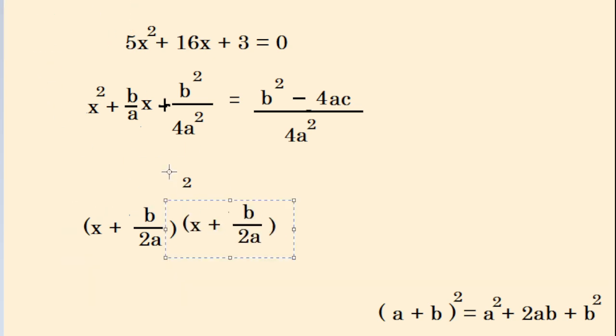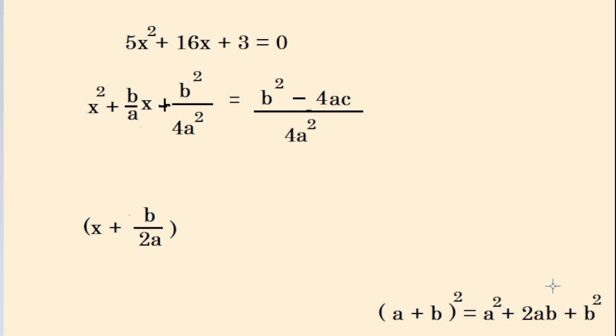We just get two of them. x times x is x squared. Then x times b over 2a is just b over 2a x. Then you do it again, you get the same, and then you multiply these two, which gets you this one. I hope it's understandable.